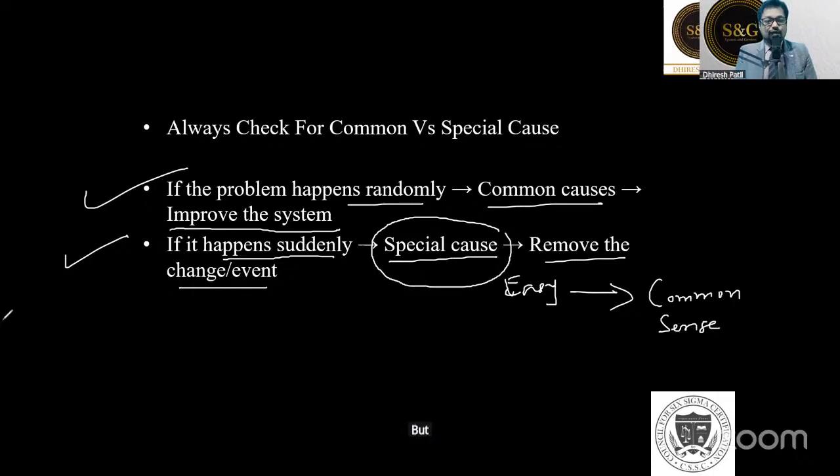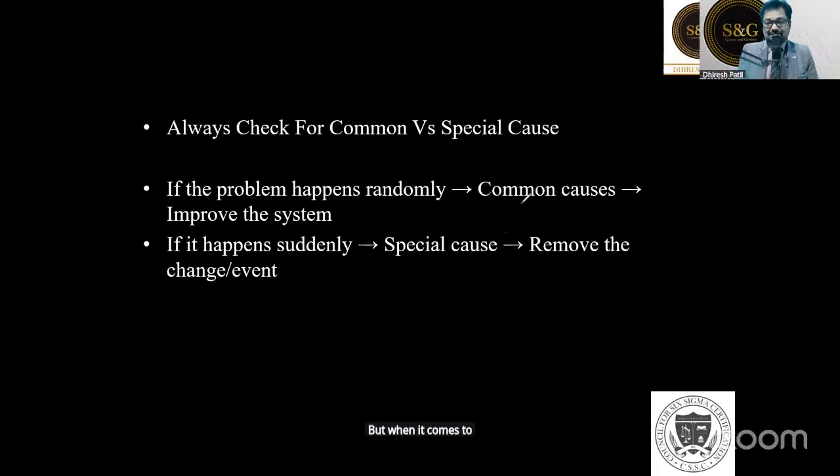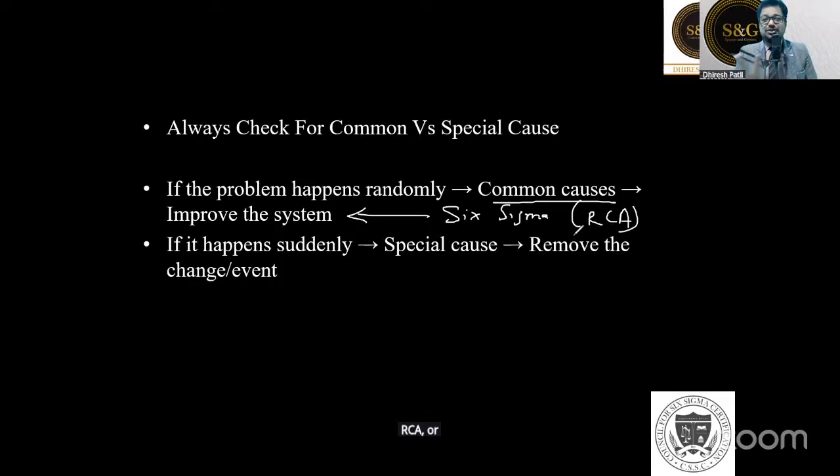But when it comes to common causes, the random causes, the random variation, that's where you require Six Sigma, RCA, regression, validation, etc. Understand it. This is a very important insight I'm sharing.